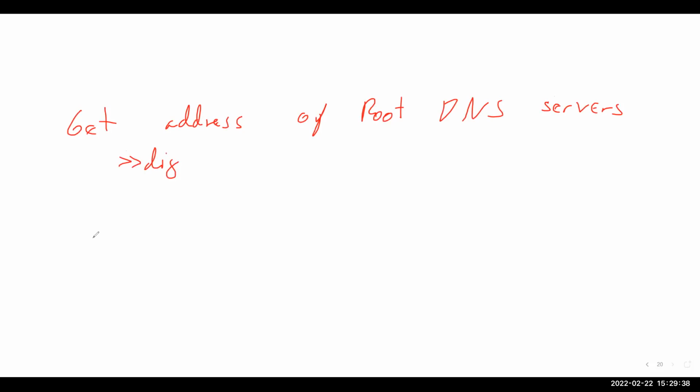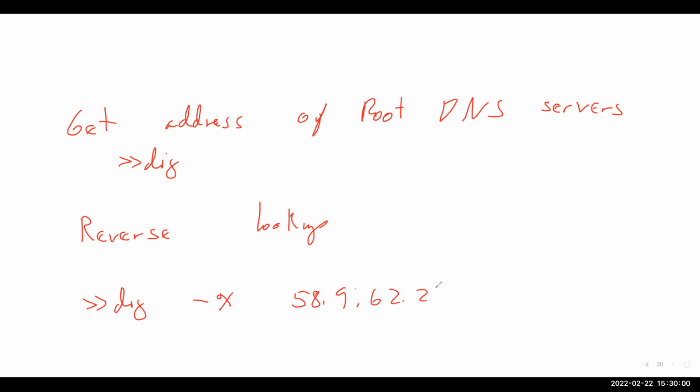Now, let's say that you want to do a reverse lookup. Then you would do dig -x and then the IP address. So when would you use this?